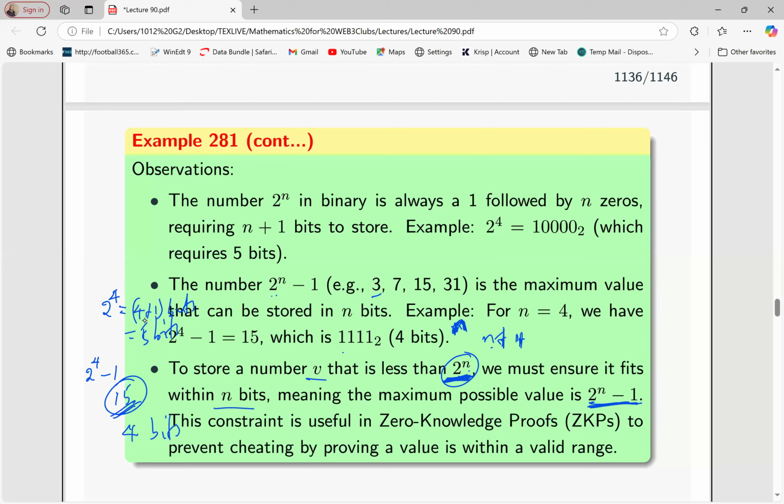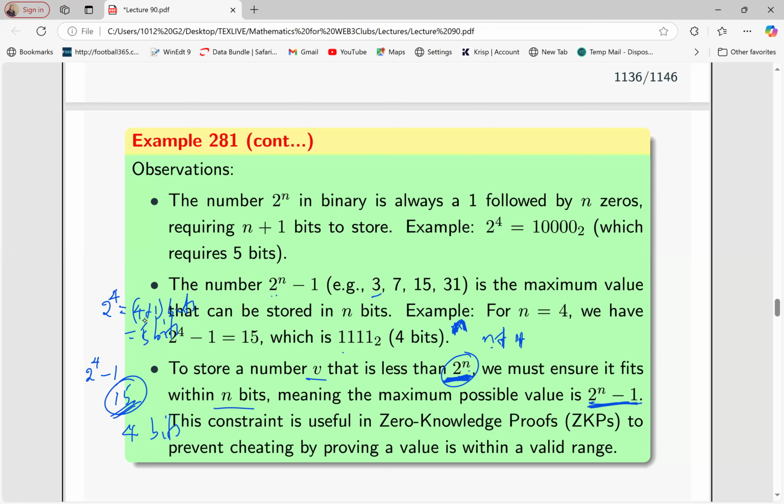So that means the prover is supposed to tell me that he knows X. And he gives me a value of X, not the exact X, but just another value that maybe will meet some conditions, and then I'll verify that it's correct. But once I get this value, what I first need to know is whether this value is in the right range. Does it have the correct bits that it's supposed to have?